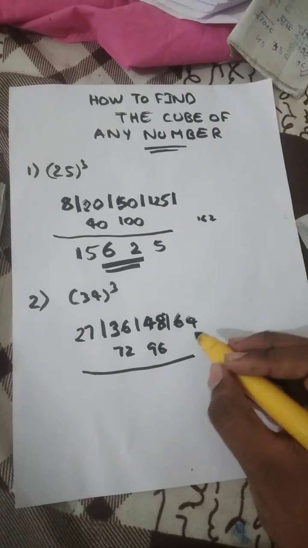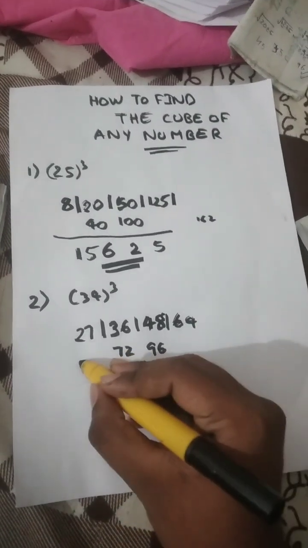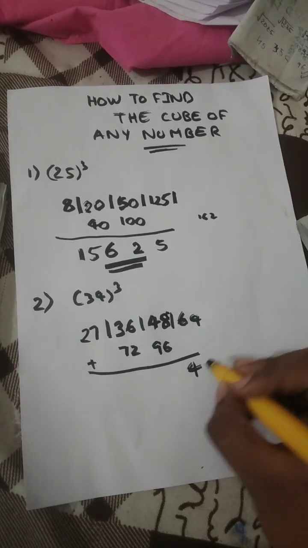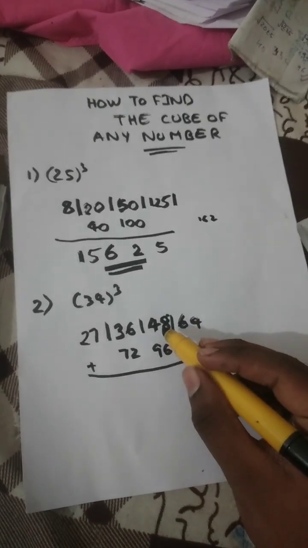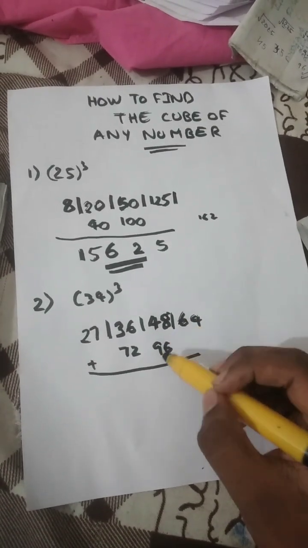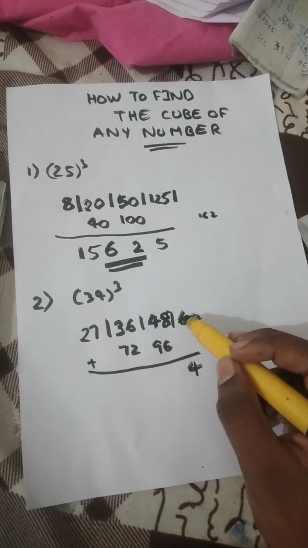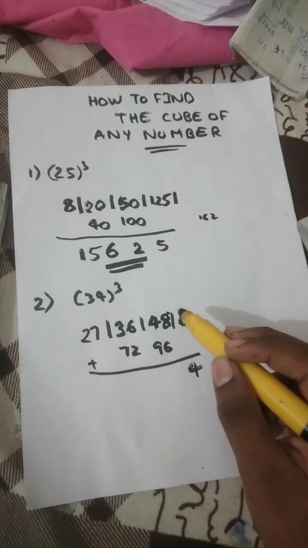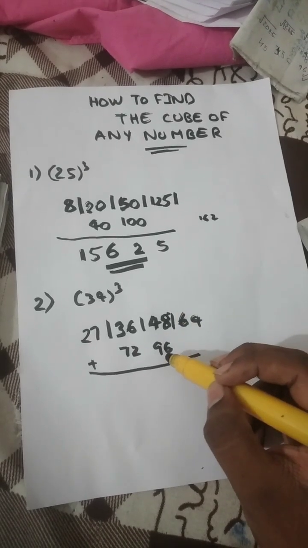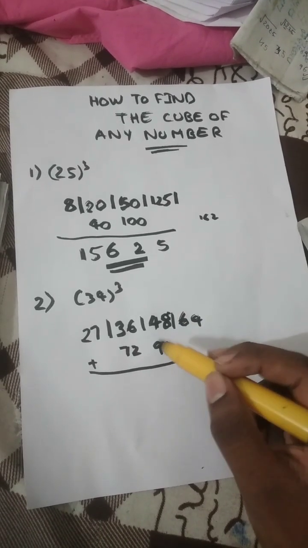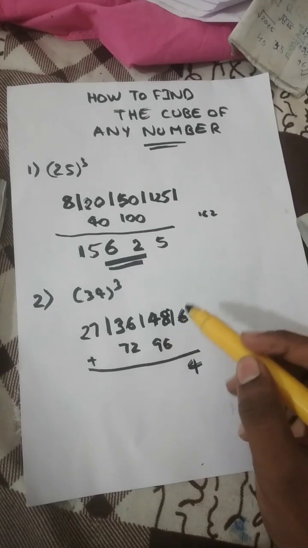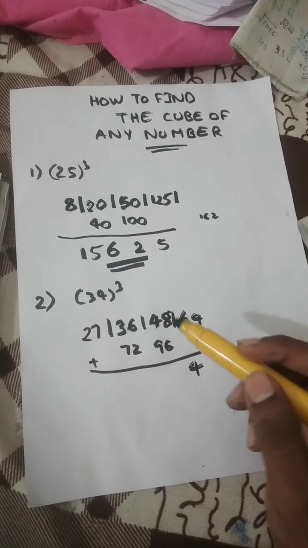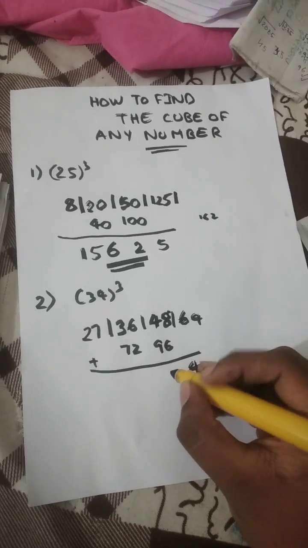The next step is to add these numbers. Write 4 here and just carry the 6 into the next number. How can we easily add this? Taking the carry, we can split the 6 into 4 and 2, and by giving 4 to 96 it converts into 100, and by giving 2 to 48 it converts into 50, and 50 plus 100 we all know is 150.